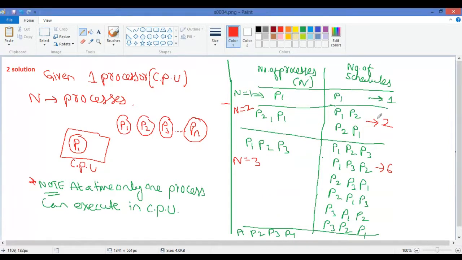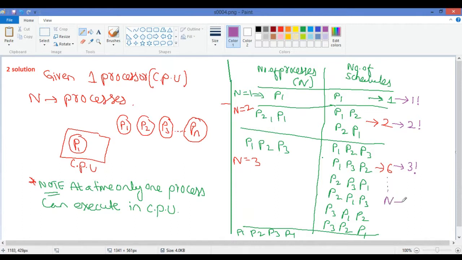So now let us think. Let me write this with another color. When n is equal to 1, I think in mathematics you have learned about permutations and combinations. There, if n is equal to 1, I will write 1 factorial, if n is equal to 2, 2 factorial, if n is equal to 3, 3 factorial, and so on.